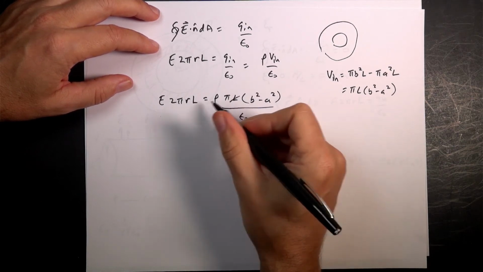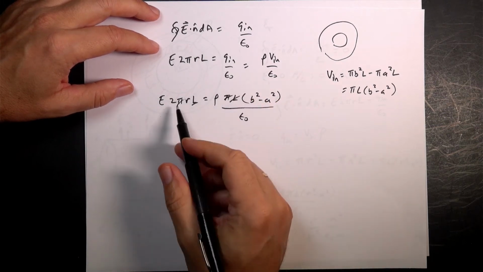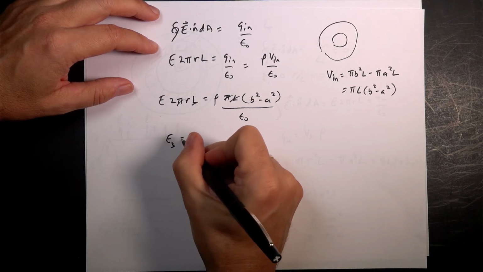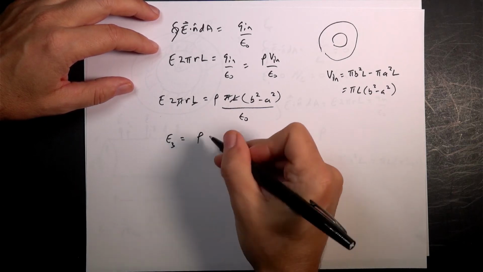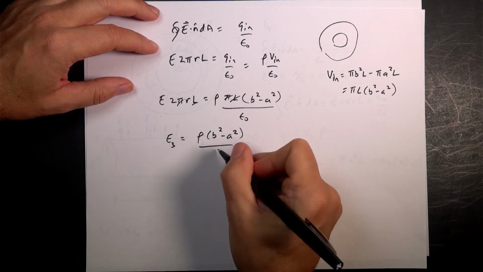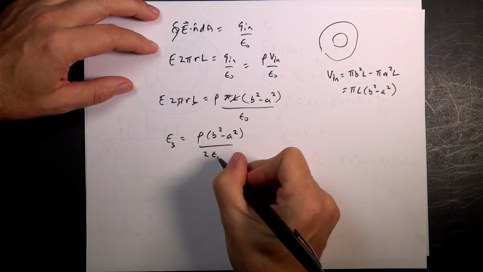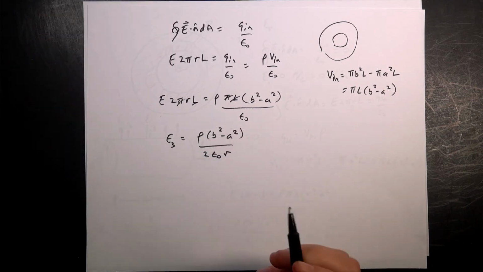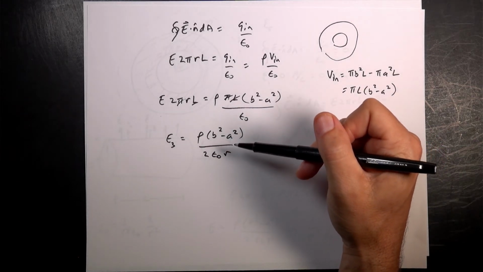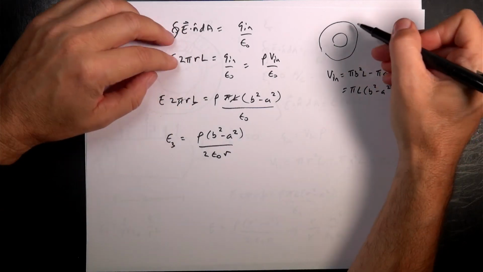And then the L's cancel, the pi cancels. I can divide by 2r, and I get E3 is rho times b squared minus a squared over 2 epsilon naught r. And again, we can check the units. The units are going to work out again. But let's check what happens as I get to this inner boundary right here.